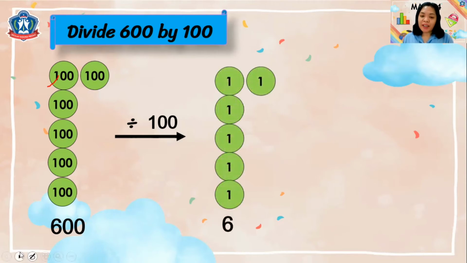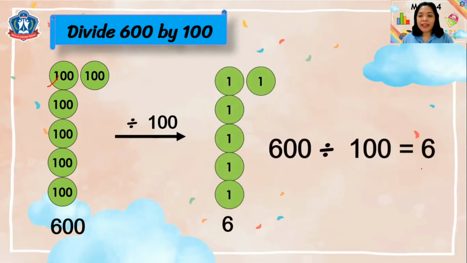So 600 divided by 100 is 6. Again, what happened to our answer or to our quotient? We remove the 2 zeros and it becomes 6. So children, have you recognized what will happen to our answers if we divide numbers by 10 and 100?